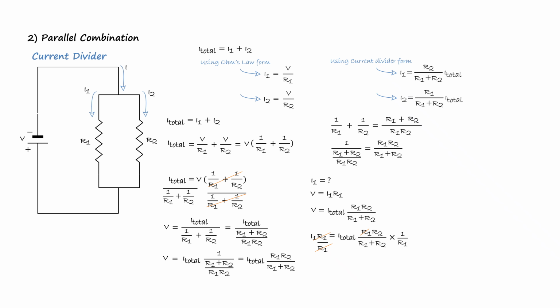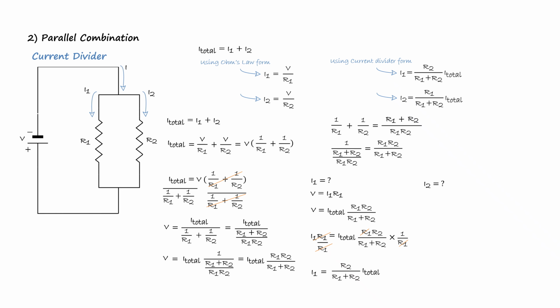This is the same as times 1 over R1, and R1 is cancelled out by R1. So finally, we get I1 is equal to R2 over R1 plus R2, times I total.